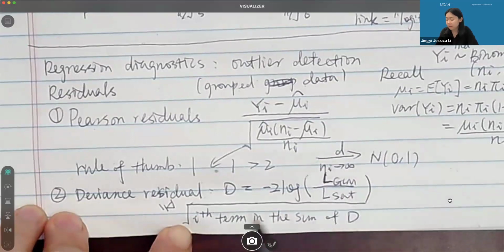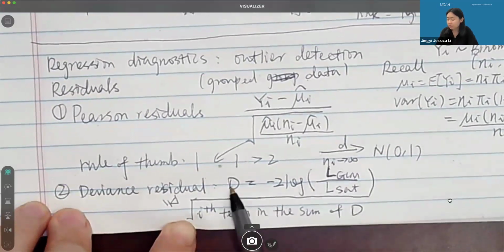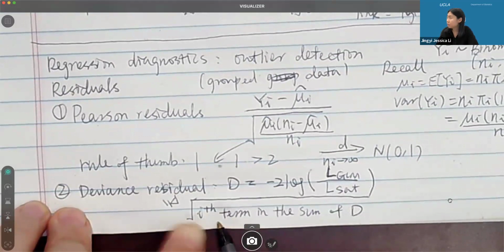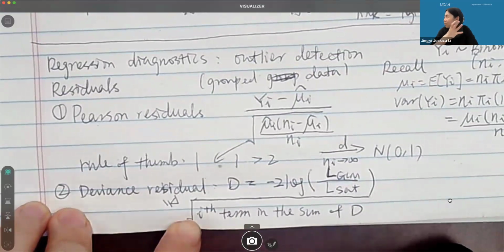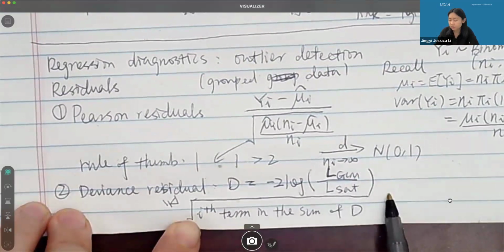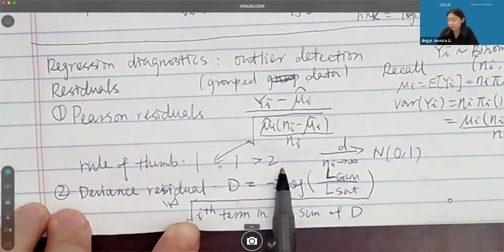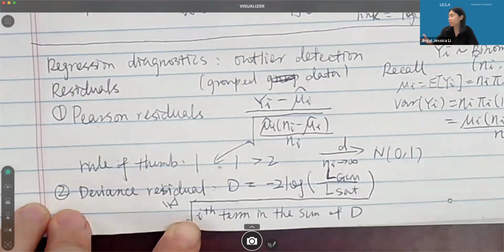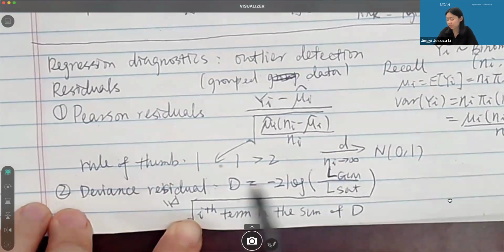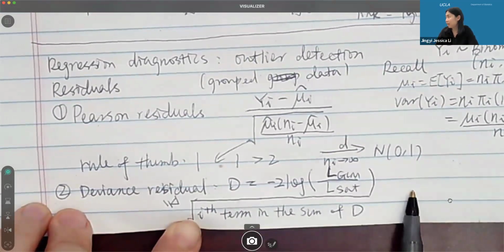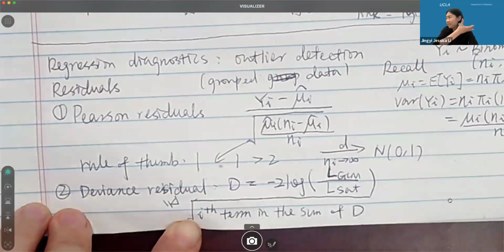We are basically trying to see how much of the deviance is attributed to the ith observation, and then use that to decide whether the ith observation is the culprit that makes the deviance big. That's the intuition underlying the deviance residual. There's a similar rule of thumb of checking whether this is bigger than 2, subject to the approximation that this is approximately normal.